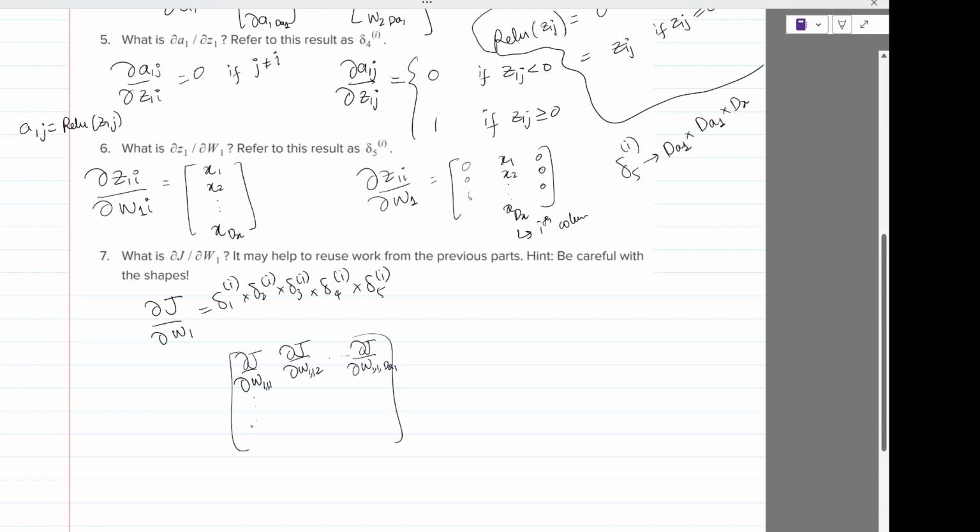Similarly here, del J by del W1 comma dx comma 1, and del J by del W1 comma dx comma DA1. And this will be your final matrix.